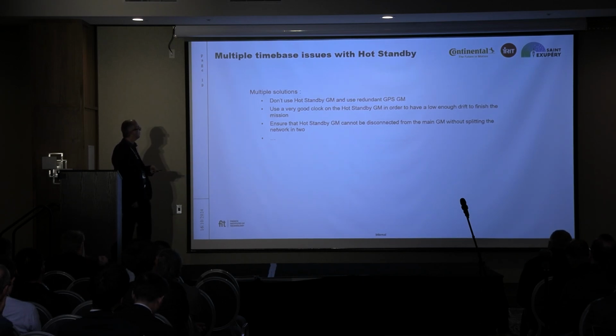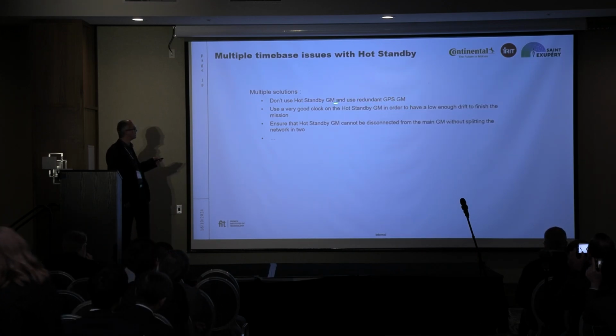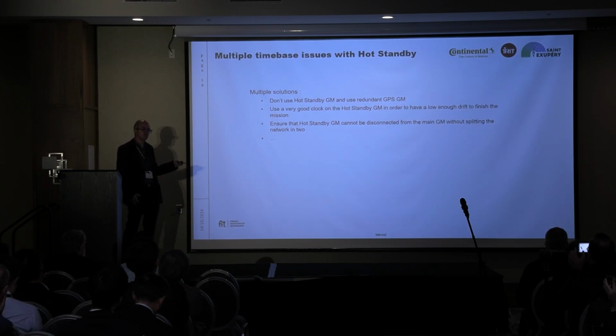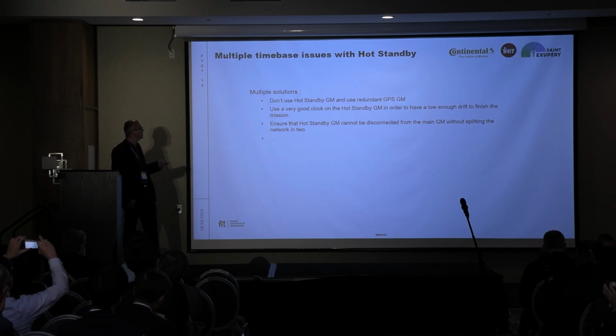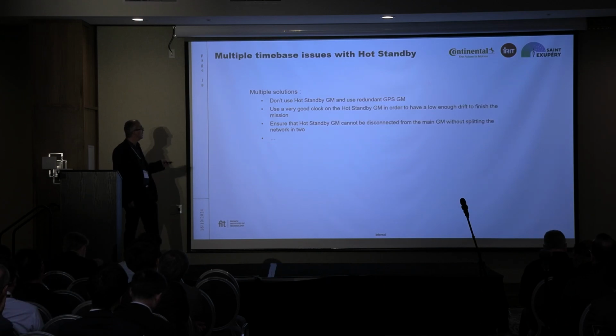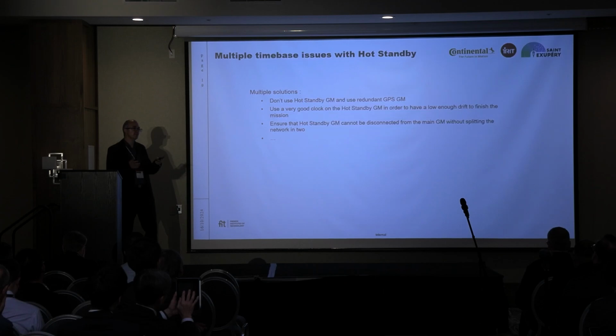So one solution obviously is don't rely on the primary time being sent to the hot standby GM, but use a redundant GPS master. With the drawbacks we saw initially, they can drift, they can have different time bases on their own initially, it's additional cost, etc. You could use a very good clock in the hot standby grandmaster, or a very precise oscillator crystal that is good enough that it can work within given limits until the mission is finished.